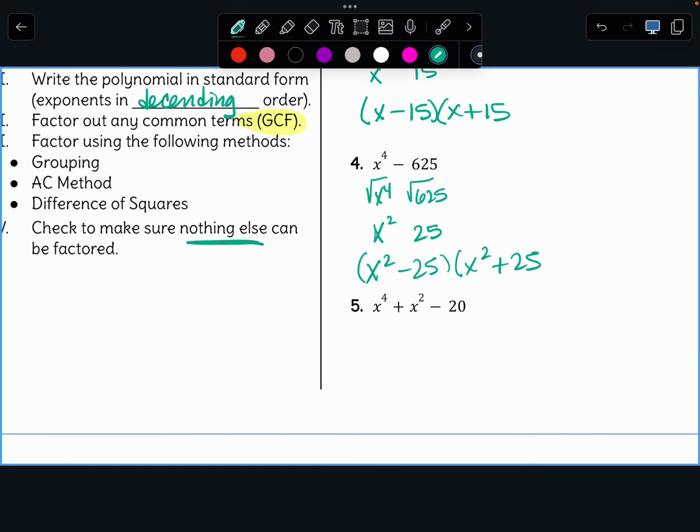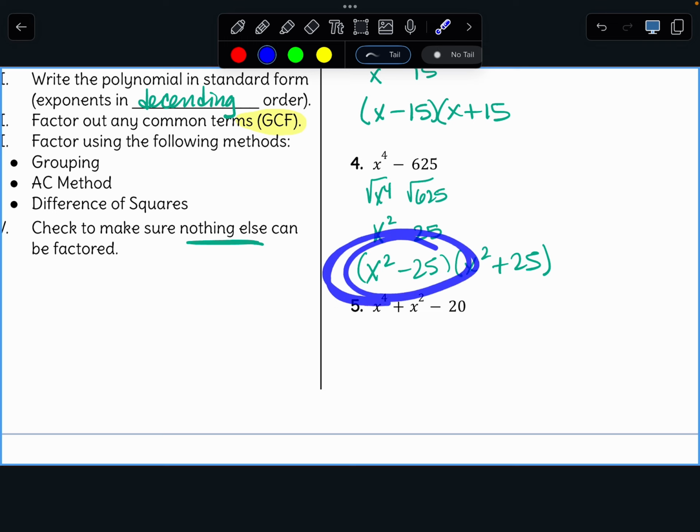Now it says to make sure that nothing else can be factored. Can this be factored? That's a perfect square. x squared and 25 are perfect squares, so that one can go again.